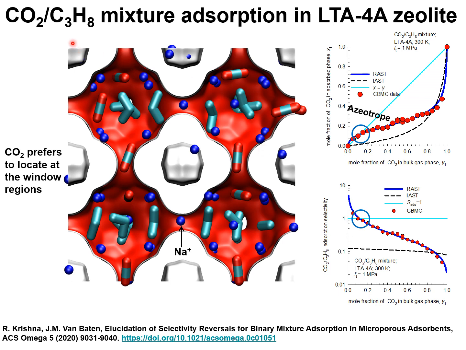For this example of mixture adsorption, the carbon dioxide preferentially locates at the window regions as shown in this computational snapshot. And the propane molecules, on the other hand, are located within the interiors of the cages.